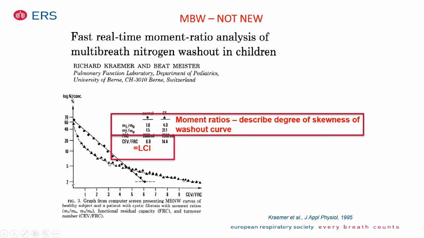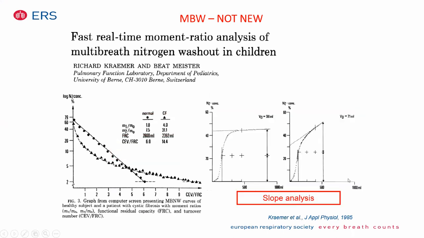So the beginning is M1 over M0 and the end of the washout is M2 over M0. And he looked at slope analysis, which is really a breath by breath image of ventilation in the very small airways.